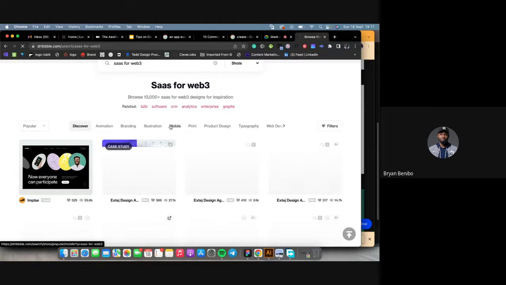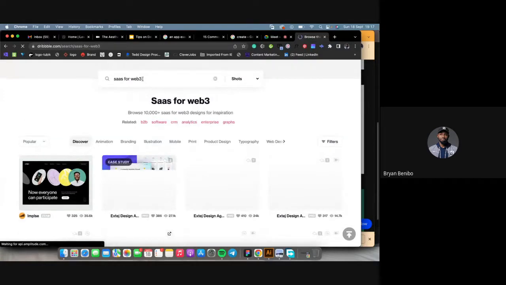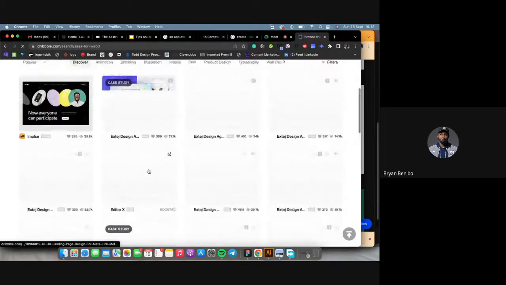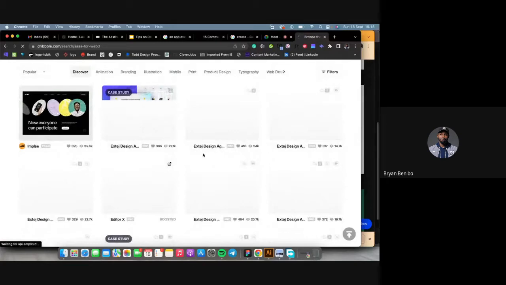So you come to Dribbble, Behance, or even Google, and just search for it. You put in that the project you're working on is a SaaS project, with a Web3 style and all of that, and you put all that in the search query to help you figure it out. Once you do that, the designs will come out. When they come out, you now begin to design from there. That's where you begin to get inspiration.